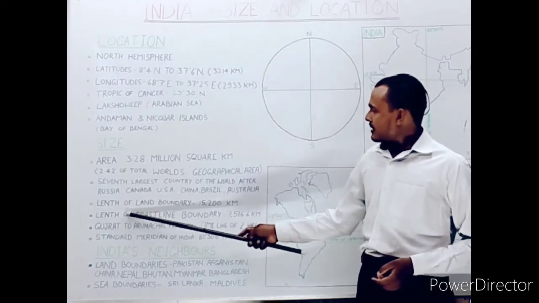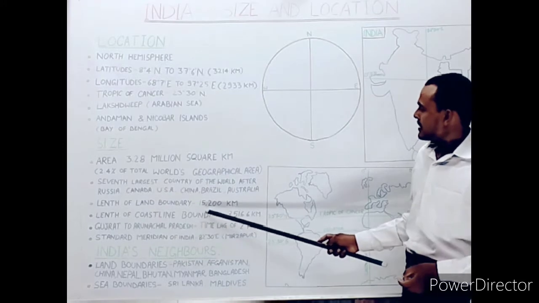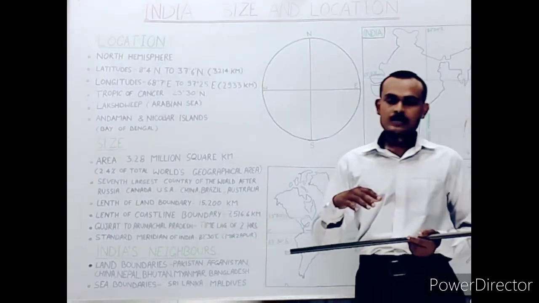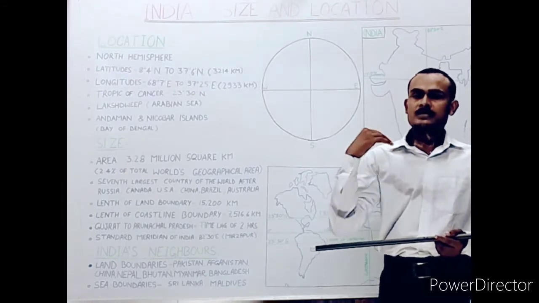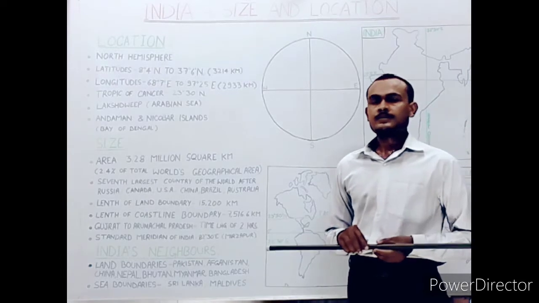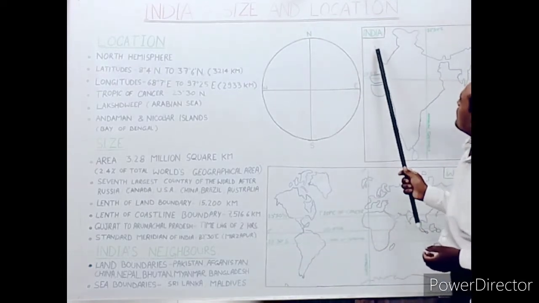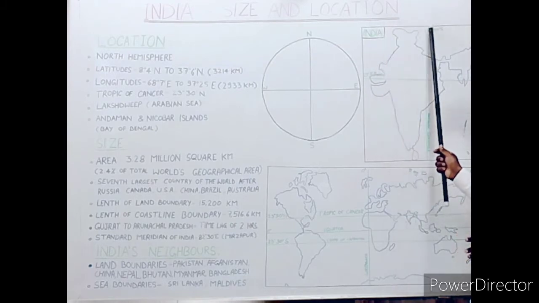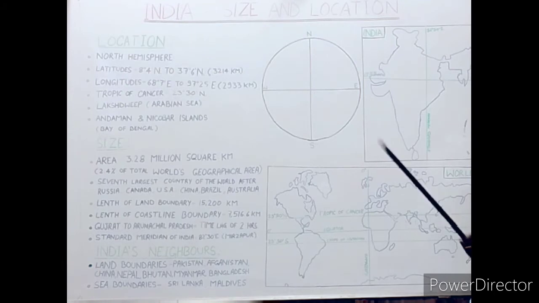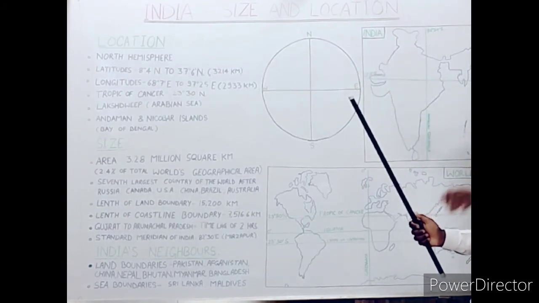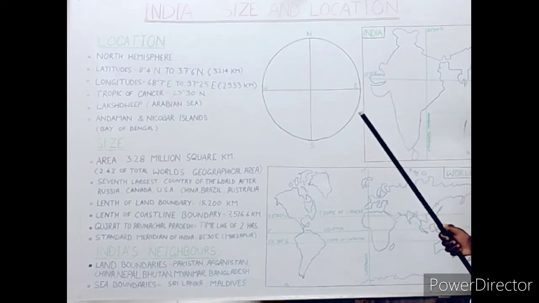The next point is the length of the land boundary, 15,200 kilometers. Land boundary means the countries beside India: Pakistan, Afghanistan, China, Nepal, Bhutan, Myanmar, Bangladesh. Here we find the physical border with these countries.